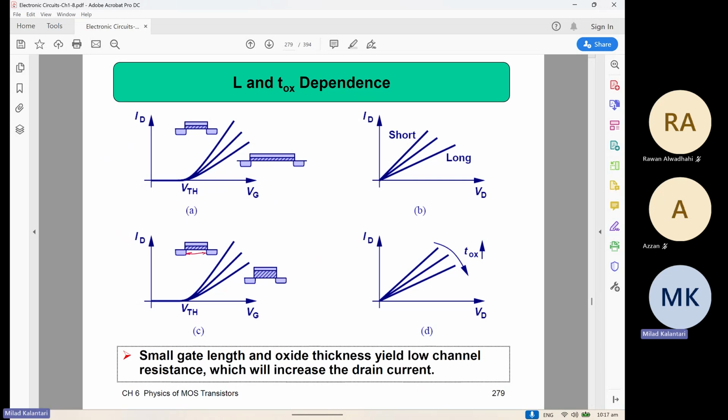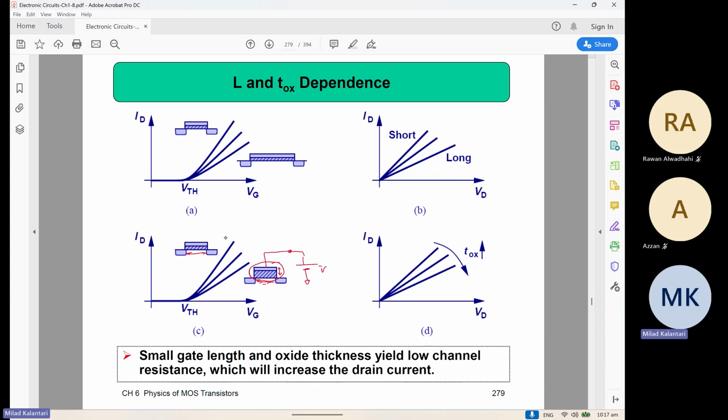We said that if you increase the dielectric thickness, the effective capacitance over here will be reduced, so that with a given voltage to the gate, the thicker oxide has less capacitance, so less charge will be stored, right? So once less charge is stored here, it means that the conductivity is not too high, right?